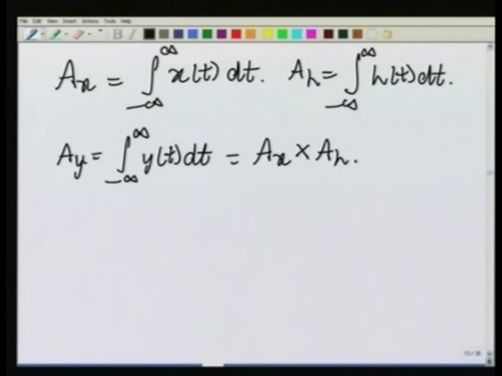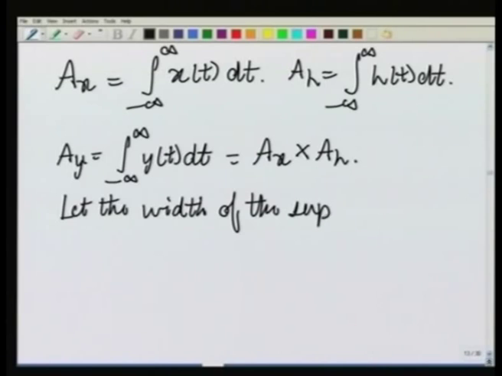Then there are other properties, the support of the convolution. Suppose we have two finite support signals. Let the width of the support of x t be, say, T x.